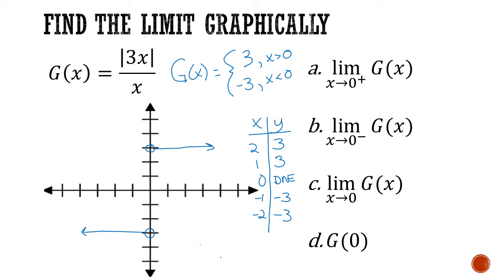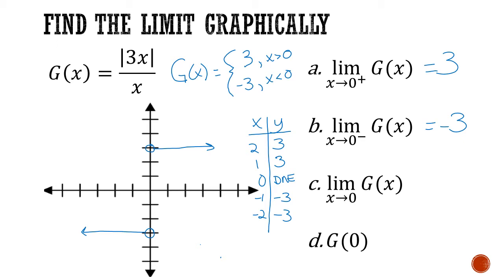The limit of g of x as x approaches 0 from the right. So from the right, approaching 0, that's going to equal 3. The limit of g of x as x approaches 0 from the left is negative 3.